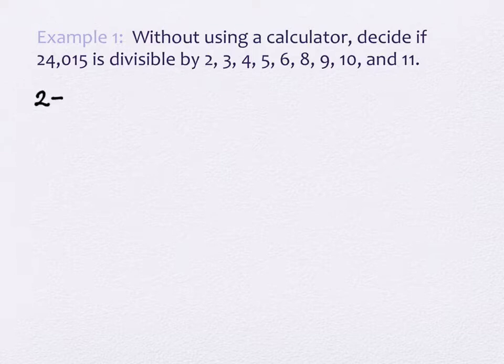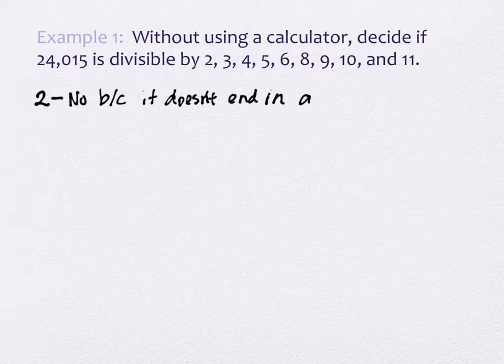No. Why not? No, because it doesn't end in an even number. How about 3? Yes. Why? It's not the last two. Be careful. Okay, so let's add the digits.